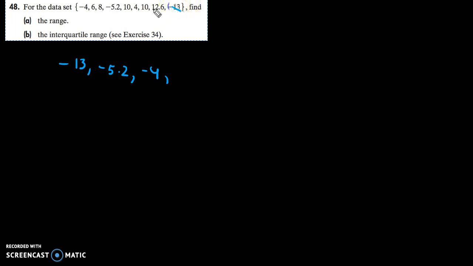Okay, so negative 13, negative 5.2, negative 4, and then 4, 6, 8, and then 2 10s, so a 10 and a 10, and then 12.6. Okay, so here's all our numbers in order, and that's what? 1, 2, 3, 4, 5, 6, 7, 8, 9 numbers.